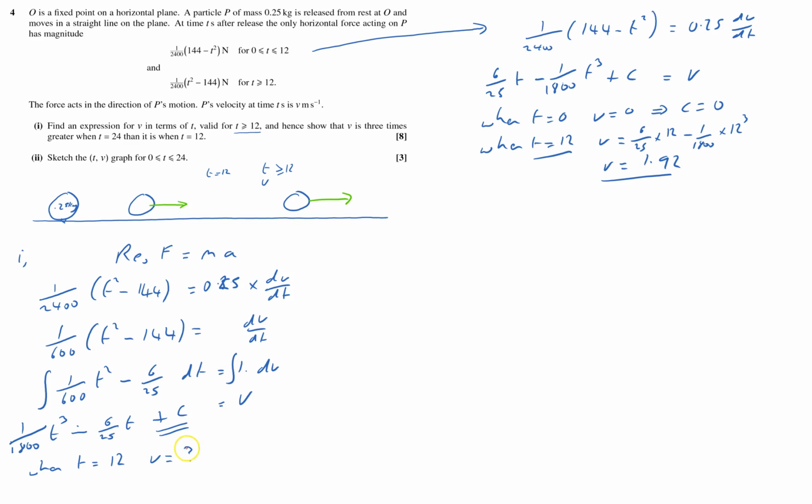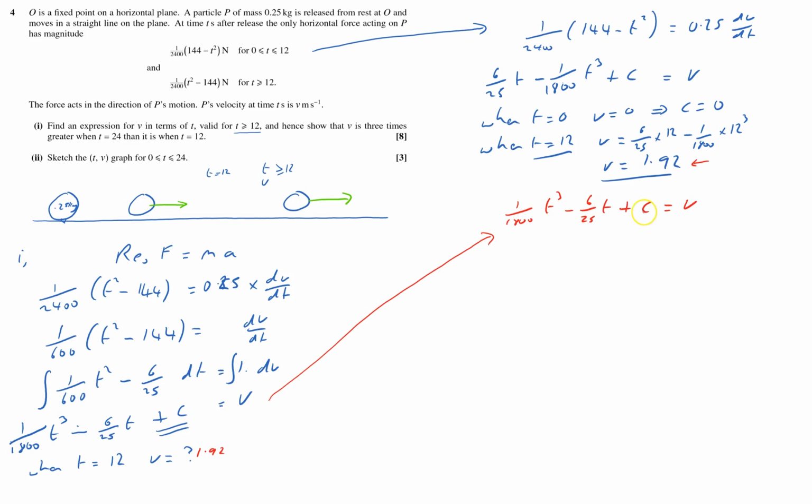I'll do it in red to show where it comes from, that's the red bit there, 1.92. And now I can work out what c is. So I bring that up to here, and I get 1 over 1800 t cubed minus 6/25 t plus c equals v.